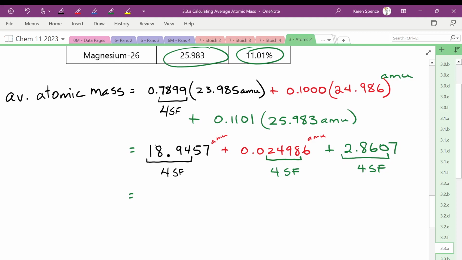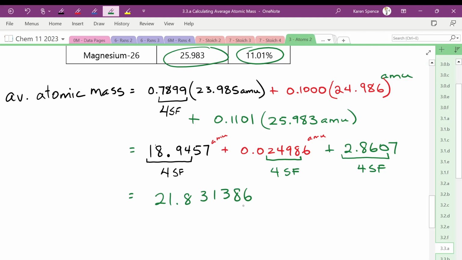So let's try it. 18.9457 plus 0.024986 plus 2.8607 equals 21.831386. Now comes the tricky part. That can't possibly be correct. It should be 24 or something. Hang on. What have I done wrong?